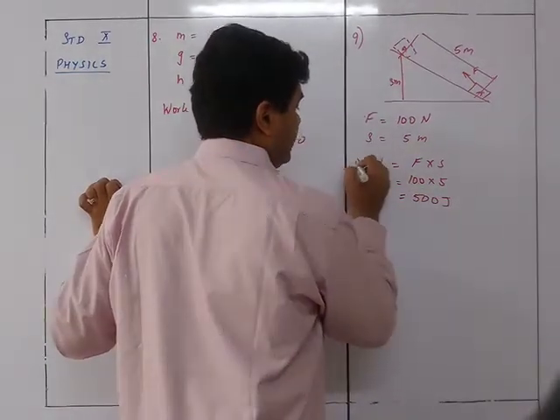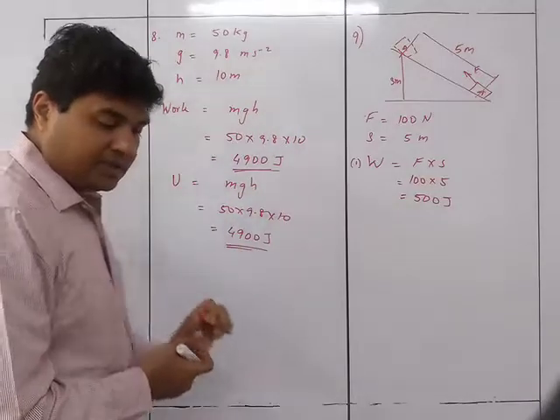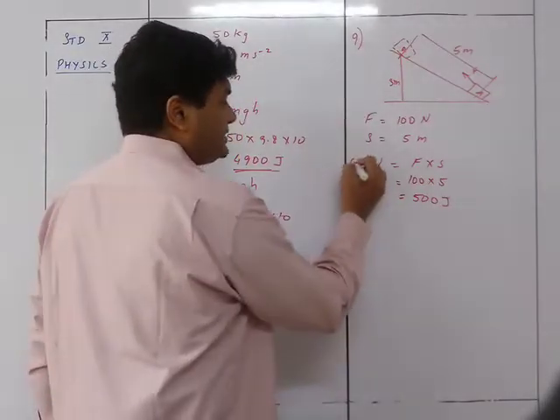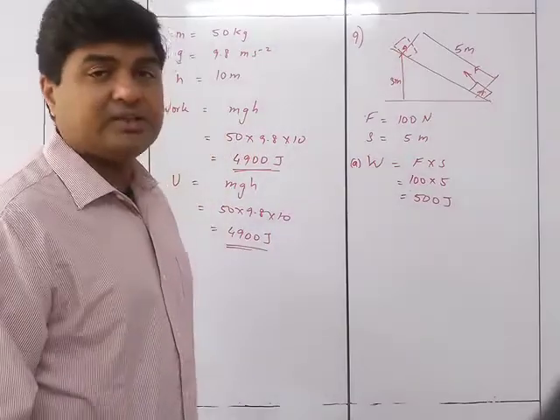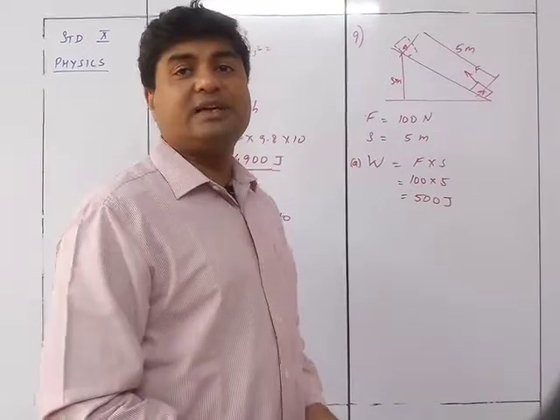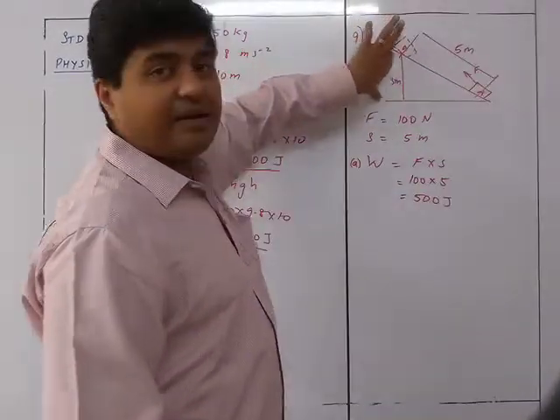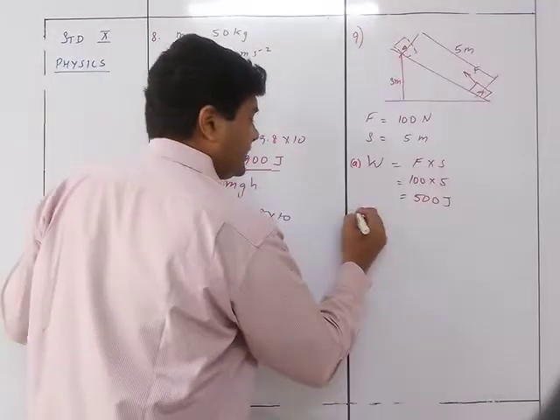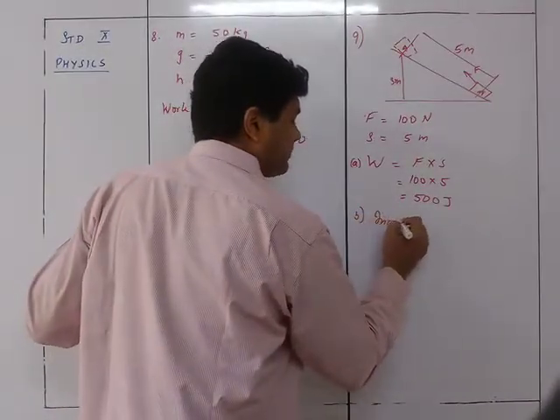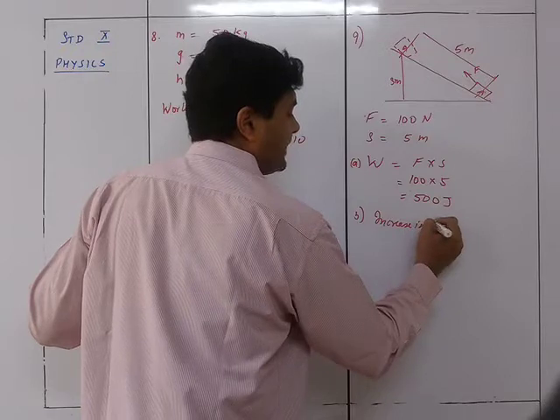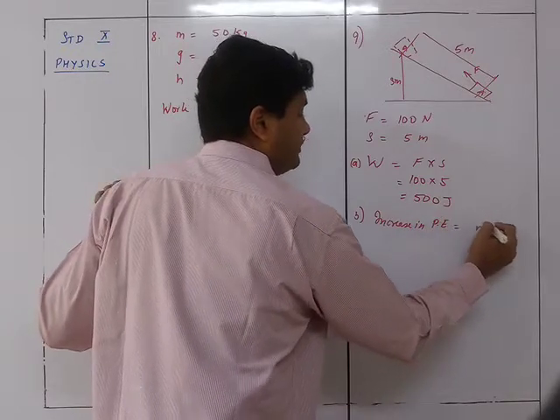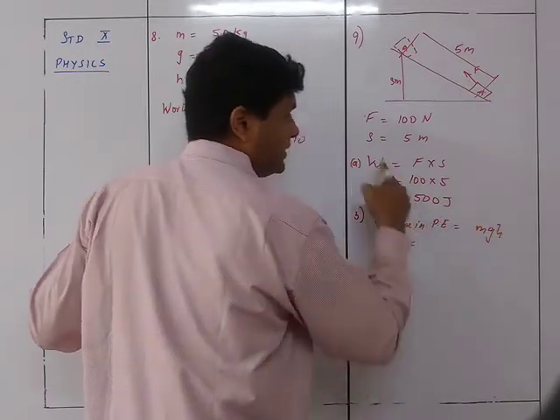So that's the first part. The work done is 500 joule. The second part, what is the increase in the potential energy? Now the increase in potential energy is the difference in the height from the ground level to this level. That is 3 meters given to you. So the increase in potential energy is equal to mgh, where h is nothing but 3 meters.